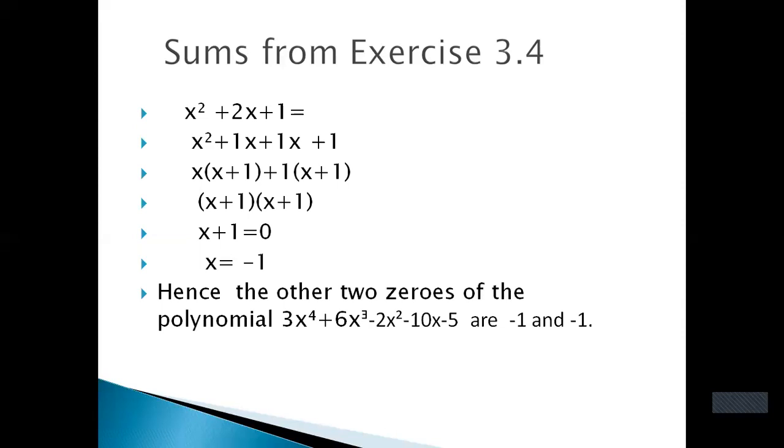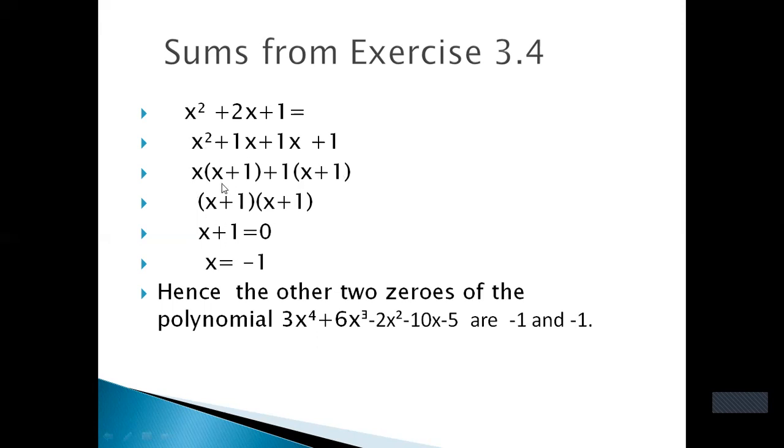Now take in the first two terms, x is common. So x into x plus 1, plus, in the next two terms there is no common, so we must take 1 as common: 1 into x plus 1.